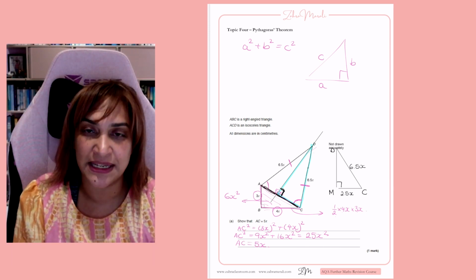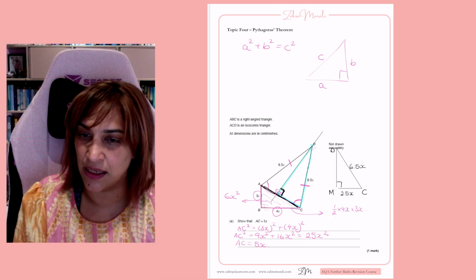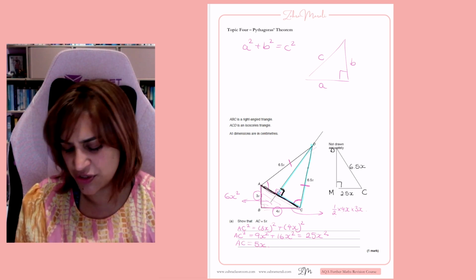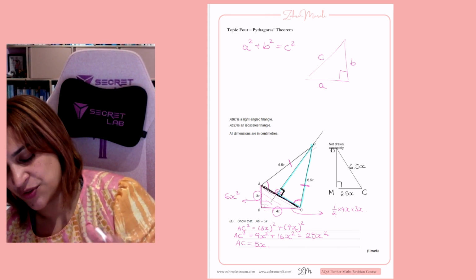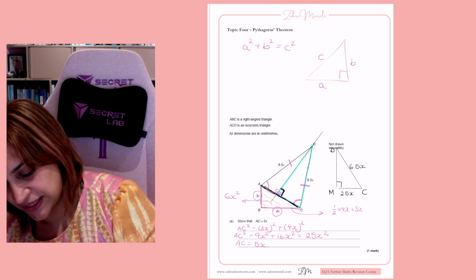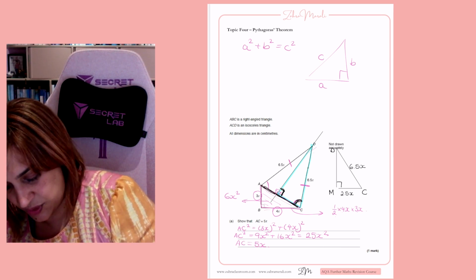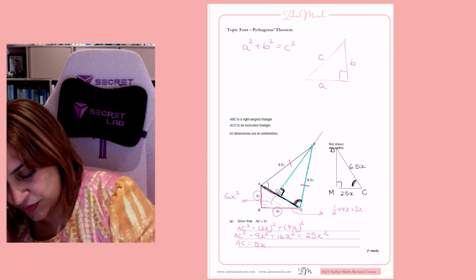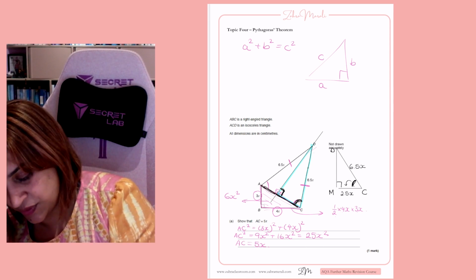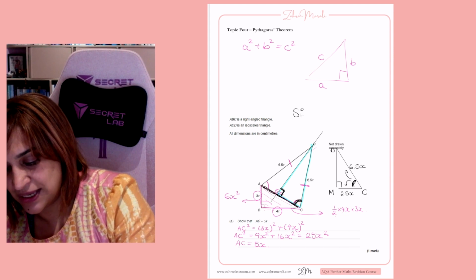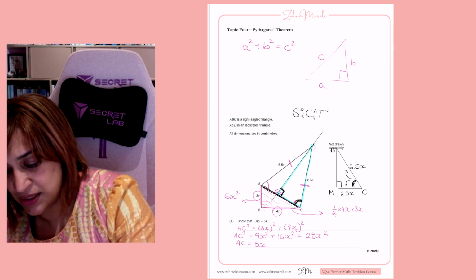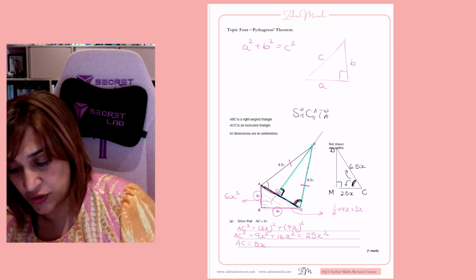Now, in order to find out the area of the triangle, we want to find out this angle here. We've got the adjacent and we've got the hypotenuse. So using SOHCAHTOA, we're going to use cos.